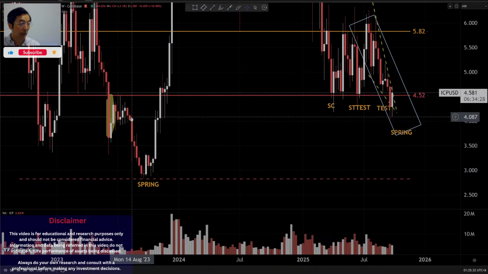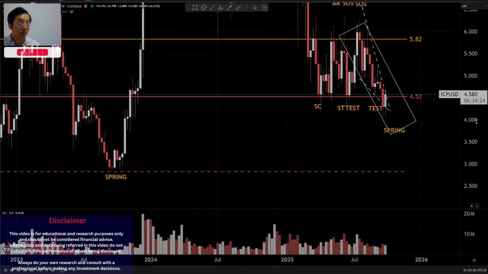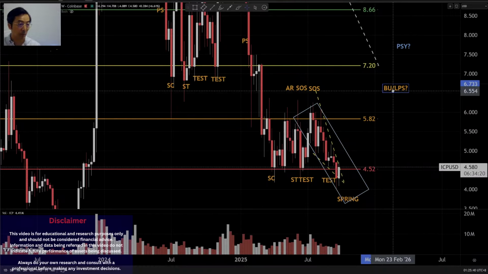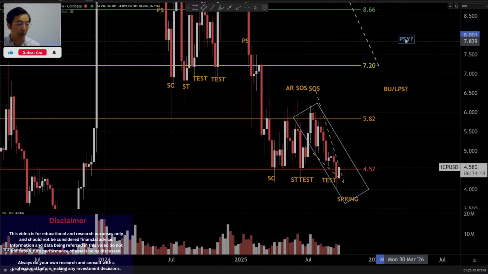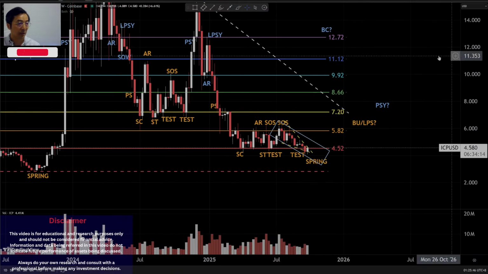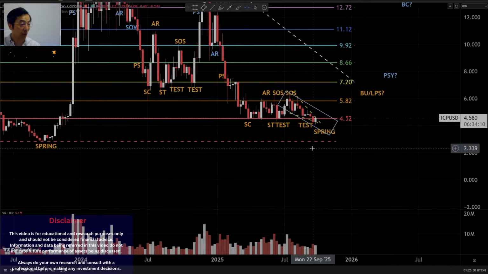So if you get in, don't just expect it's 100% going to go up to this kind of level and eventually to the distribution and all the way to the buying climax. That's one possibility, not the entirety.